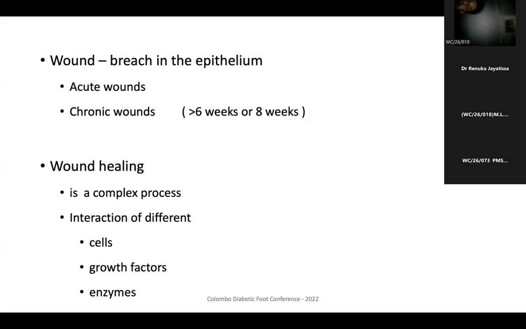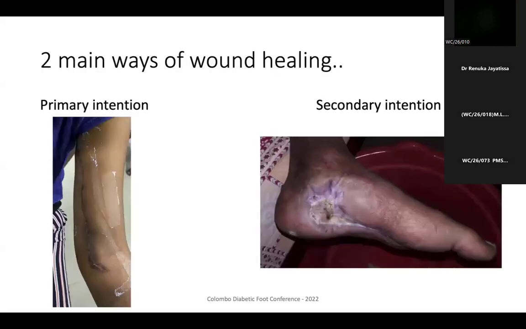Now, the whole process of how a wound heals is a little complex, but there's some science behind it. A lot of important things are involved: the cells, the growth factors, the enzymes, to make sure this healing process works. But in whatever form it heals, if it heals, it will either heal primarily.